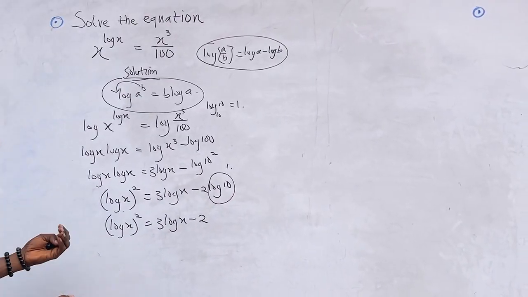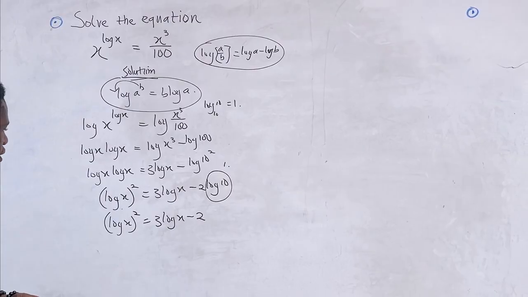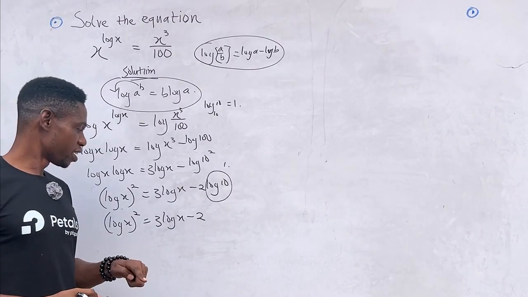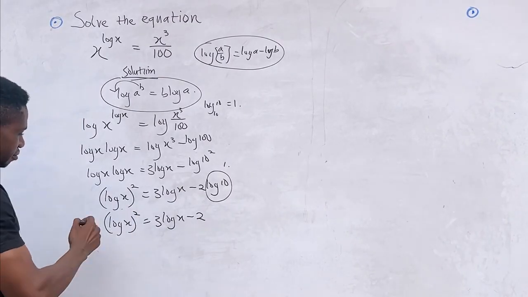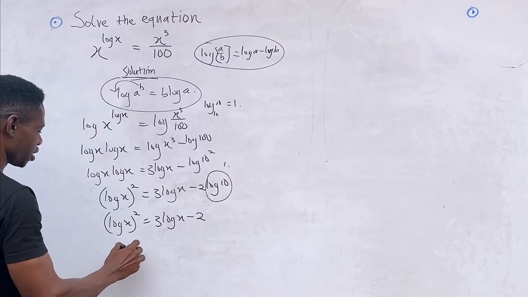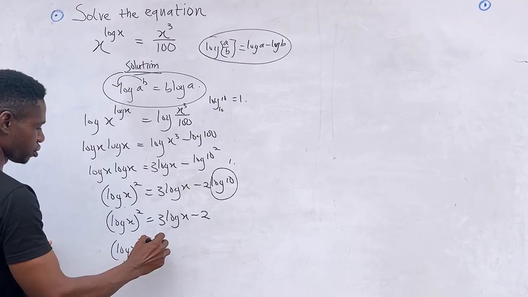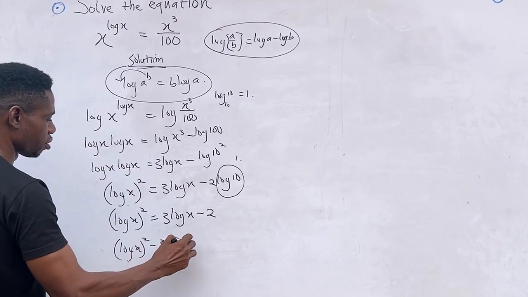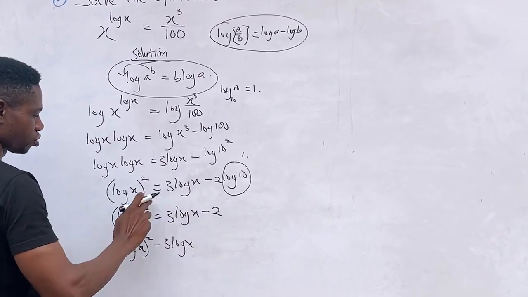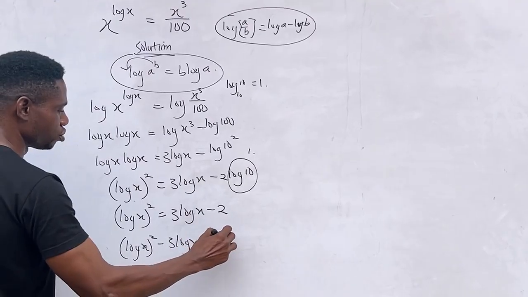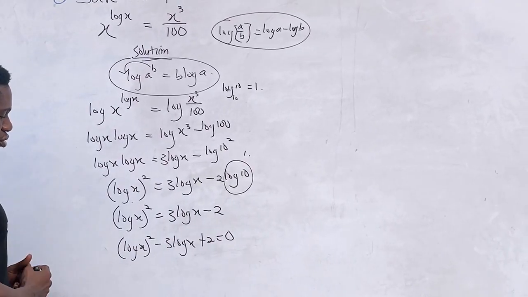Okay, so this is looking a bit quadratic. So we can do something from here. Log x all squared minus 3 log x, minus 2 comes here, becomes plus 2 equal to 0.